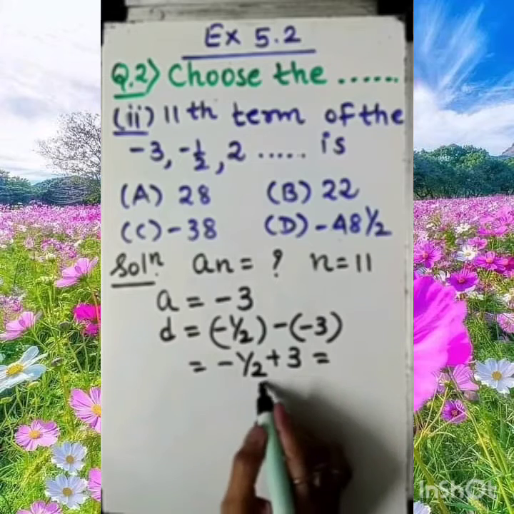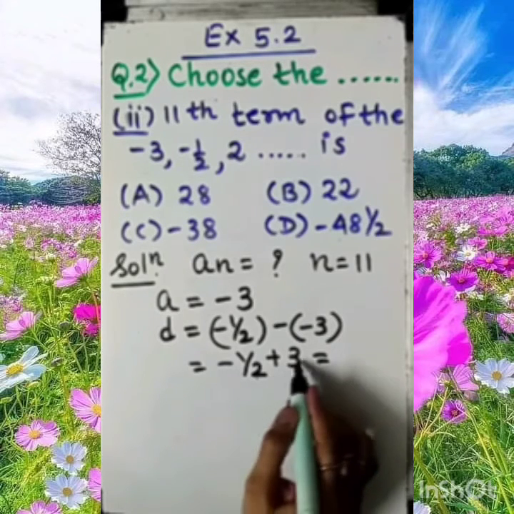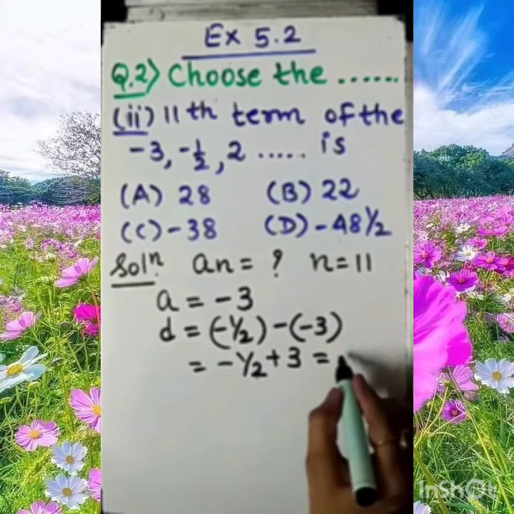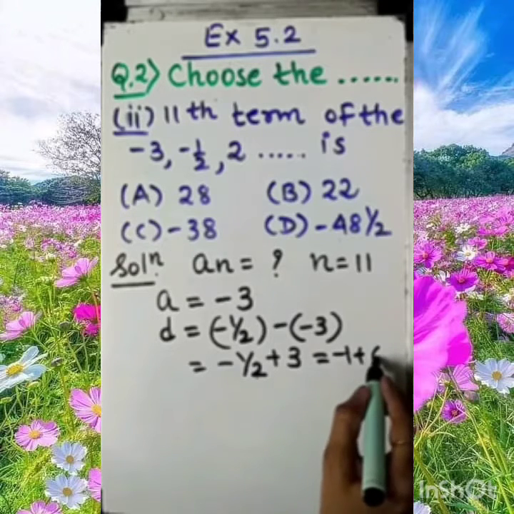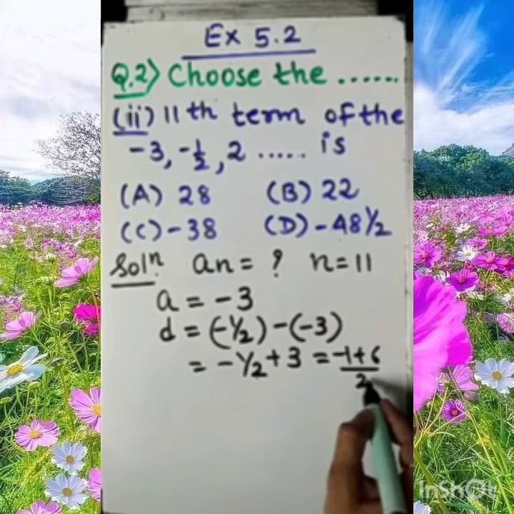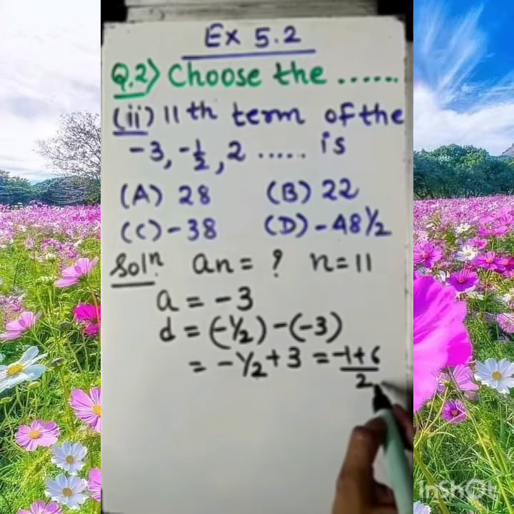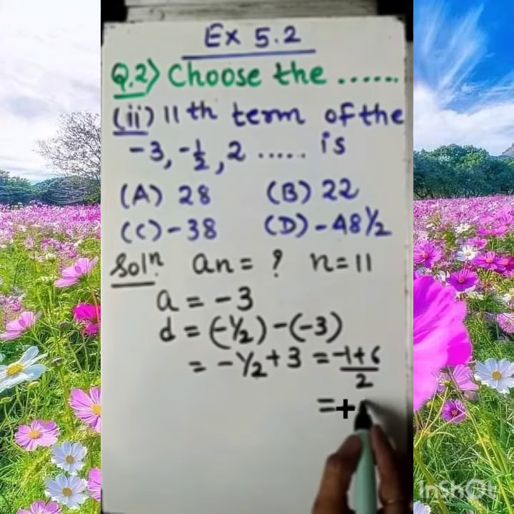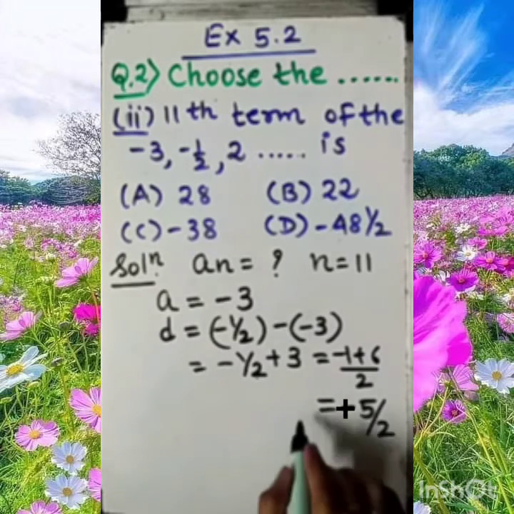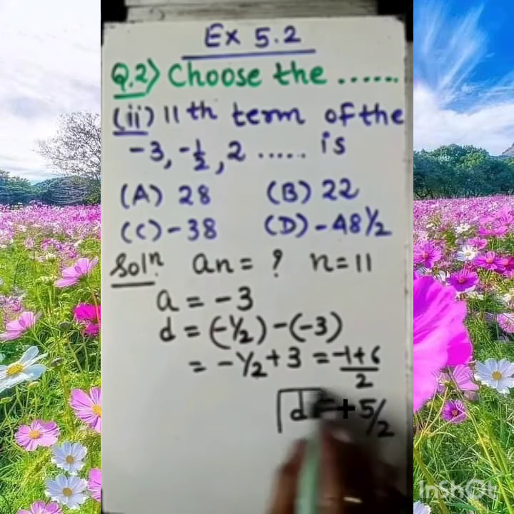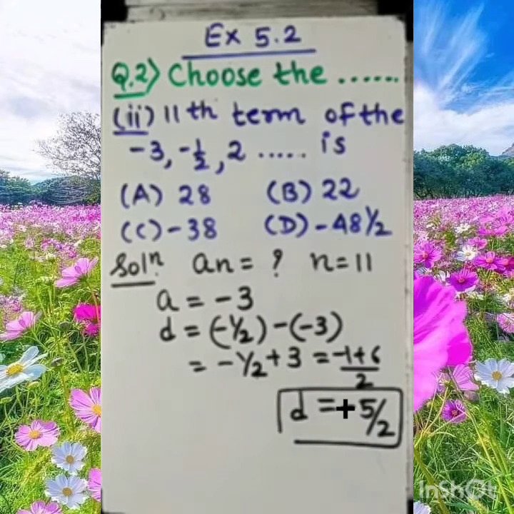So dear student, if you take the LCM, it is 2. Minus 1 plus 6 divided by 2, which gives the result plus 5 by 2. So the difference is coming plus 5 by 2. Clear to you? Now, all these required results we need to substitute in the formula.